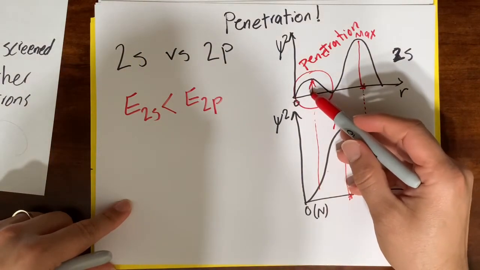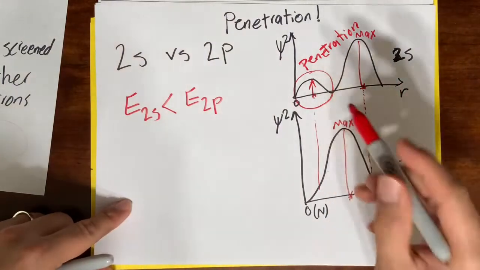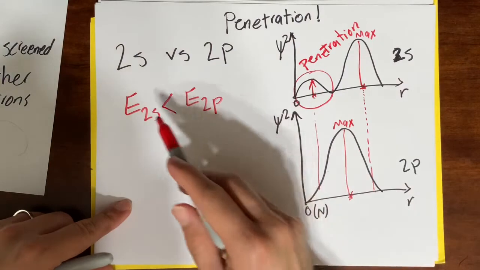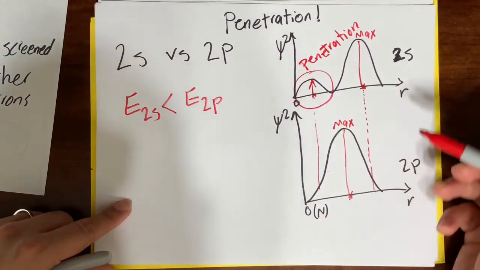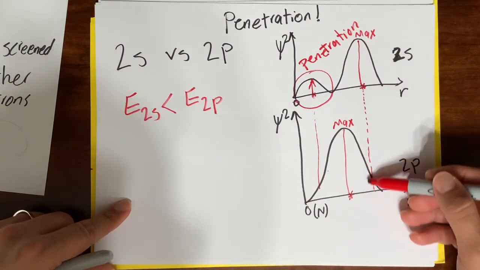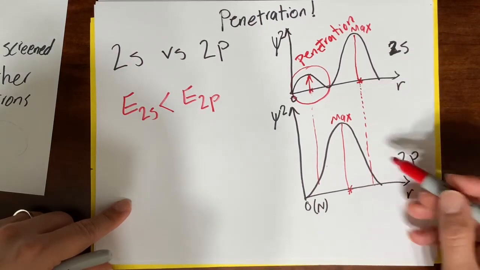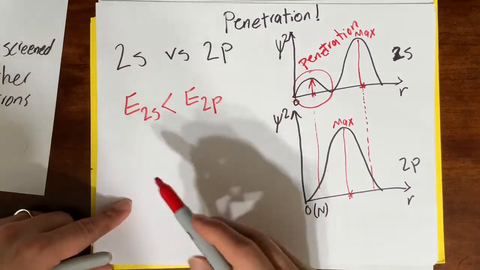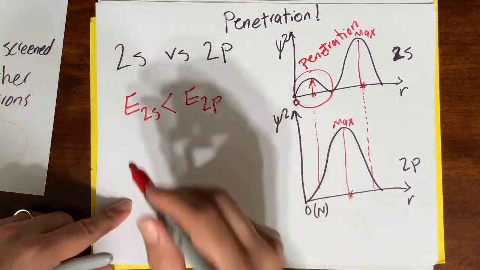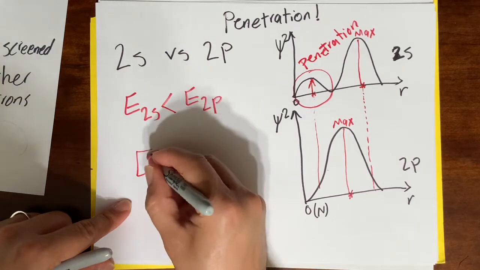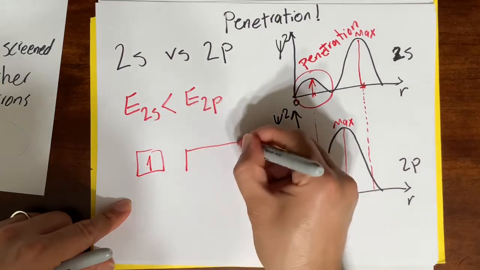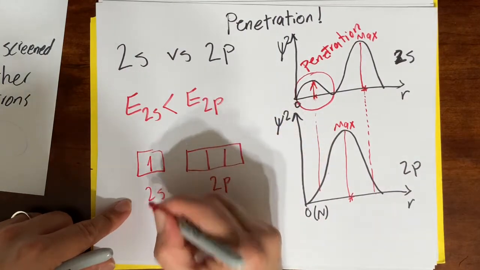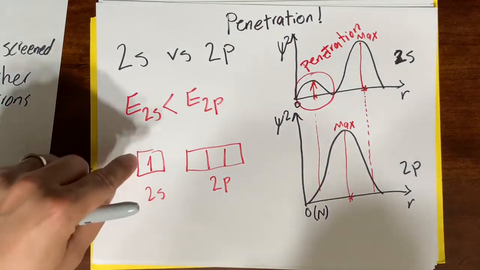Well, this one is bigger when it comes to 2s. We say penetration. It will make the energy of the 2s orbital lower than 2p, even though the maximum point of 2s comes after the maximum point of 2p. So if you have to choose between 2s and 2p orbital, you put the electron inside 2s and not 2p. So I have to go with 2s.